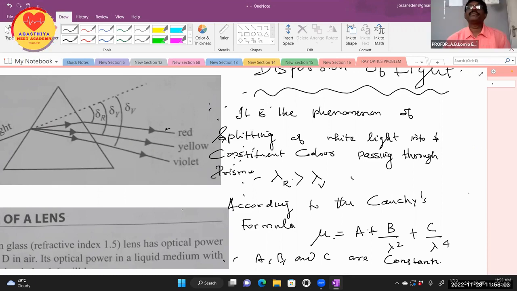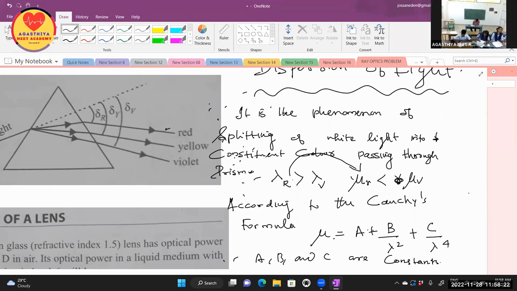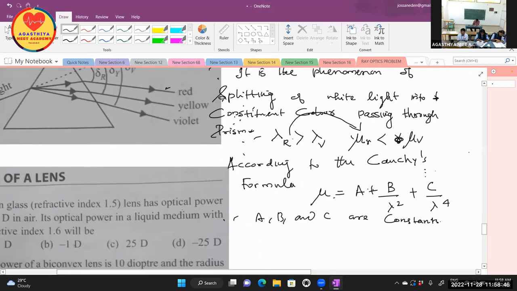On the contrary, the refractive index of the red light is less than the refractive index of violet. Understand? Yes, sir. Next one.